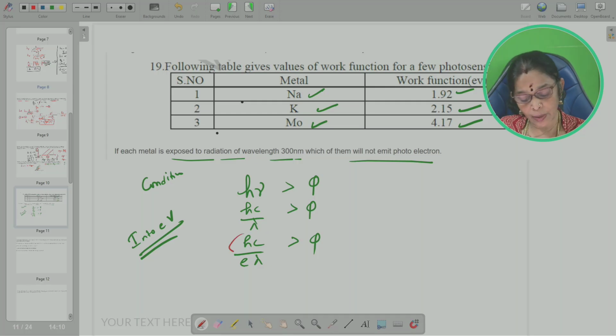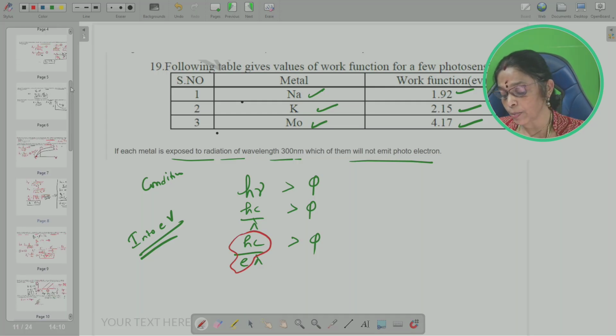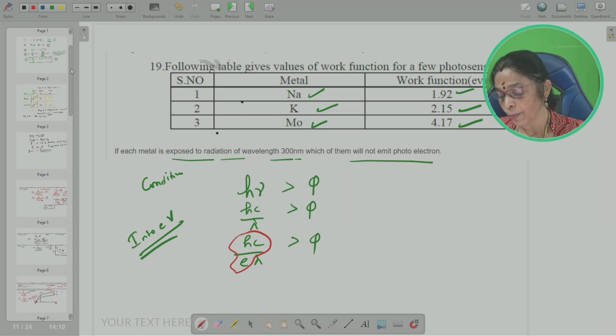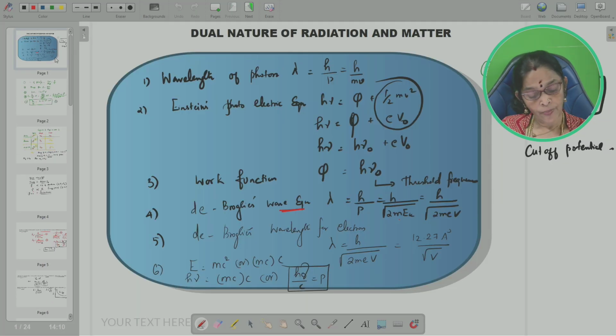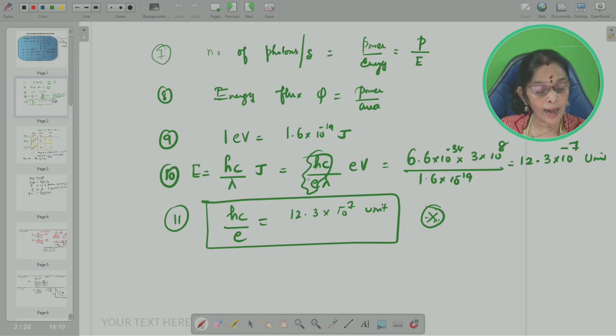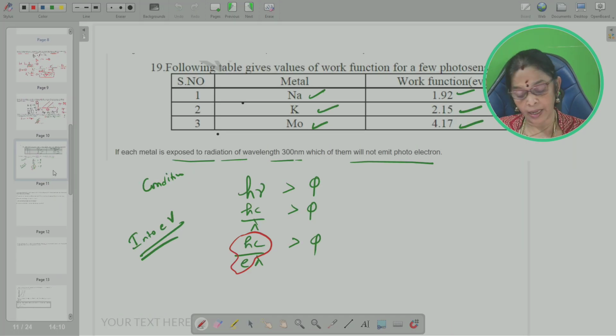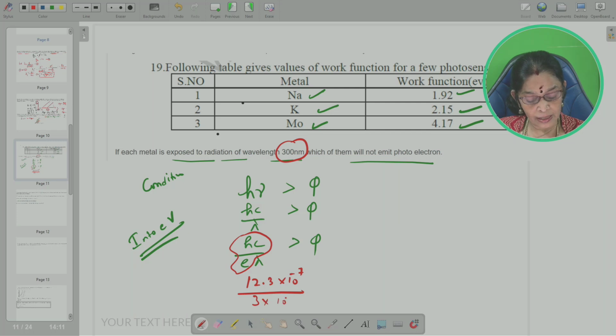Children, what is hc by e? We have learnt it just now. I have given you the value of hc by e, 12.3 into 10 power minus 7. So 12.3 into 10 power minus 7 divided by lambda, 300 nanometer, that is 3 into 10 power minus 7.